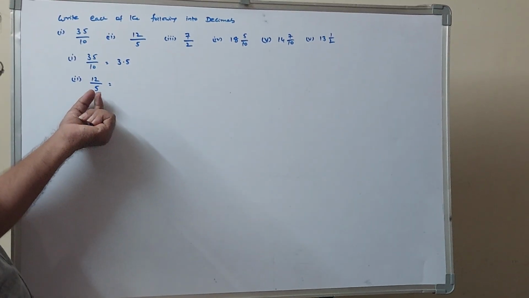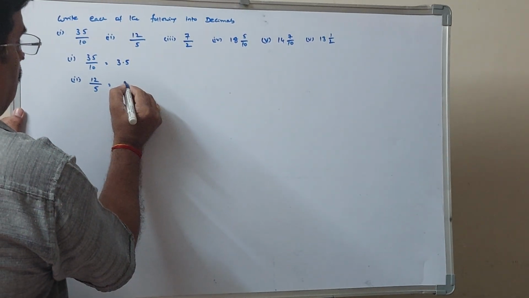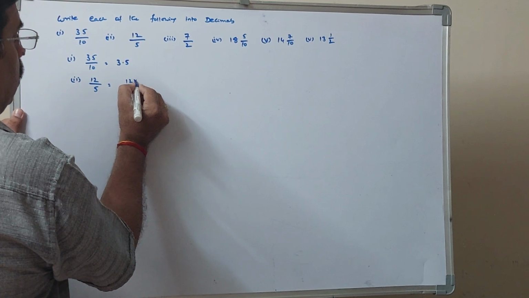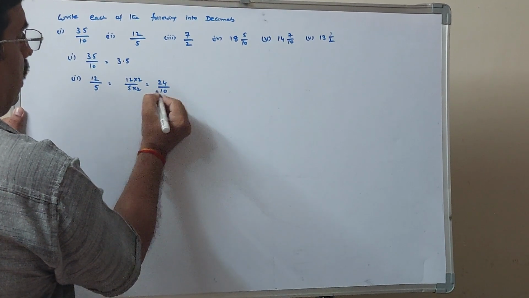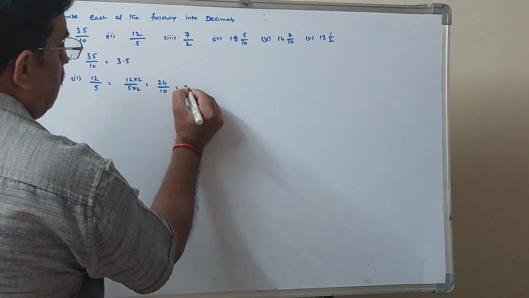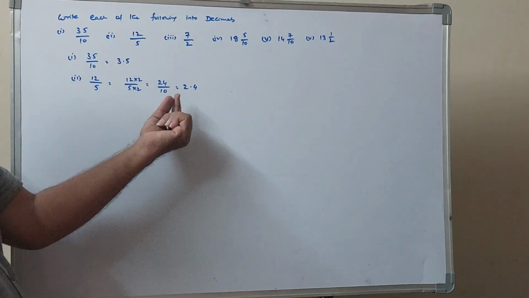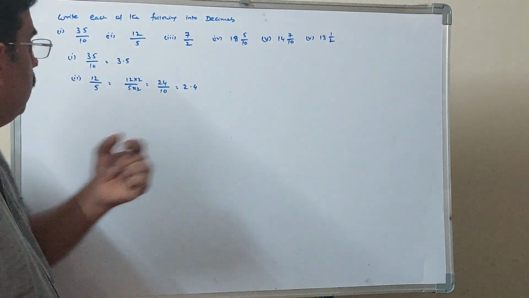We don't have the denominator as 10, so convert into an equivalent fraction. So 12 by 5, multiplying by 2 and 2: 12 2s are 24, by 5 2s are 10. So now 24 by 10 is there. This you can write as 2.4, putting the point leaving the rightmost digit in the number.